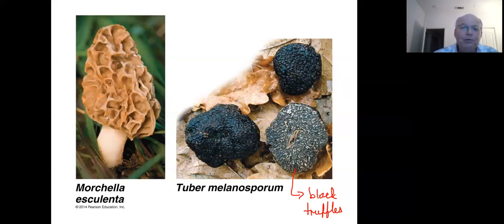What about white truffles? Well, white truffles can sell for thousands of dollars a pound. In fact, the most expensive white truffle ever sold weighed about 1.5 kilograms, so around 3 pounds, and it sold for around $325,000.